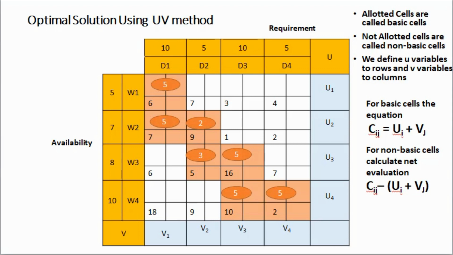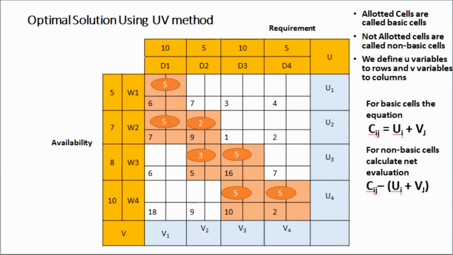So in this, we also have to calculate the different u's and v's, u for rows and v for columns. Since we have 4 rows, we compute u1, u2, u3, u4 for the rows, and for the columns the variables are defined as v1, v2, v3 and v4.